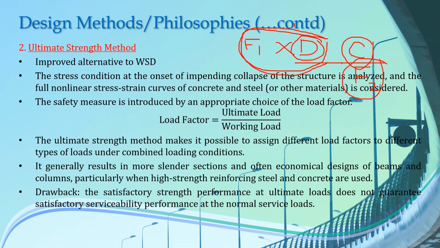This value of F2 is also greater than 1. Hence the right-hand side capacity is reduced, whereas since the demand is multiplied with the factor of safety F1, which is also greater than 1, the demand is increased. So this is the difference between the ultimate strength method and the working stress method.